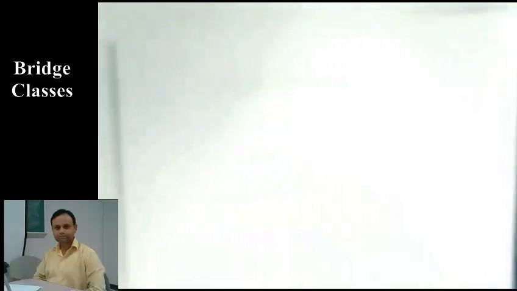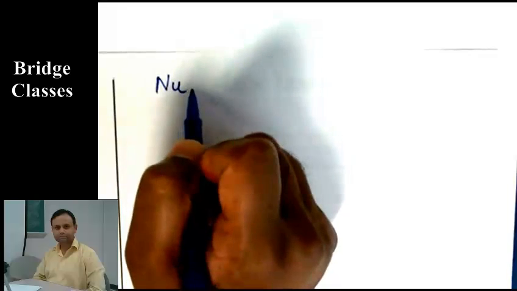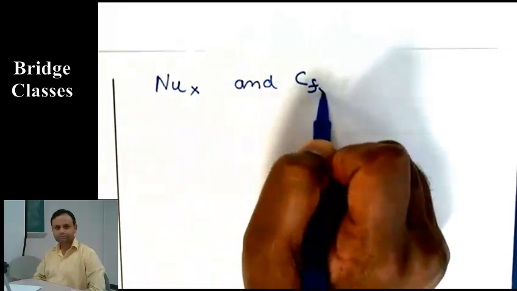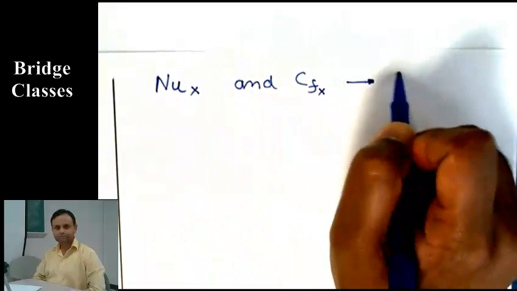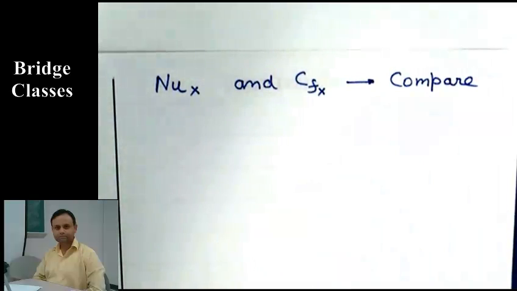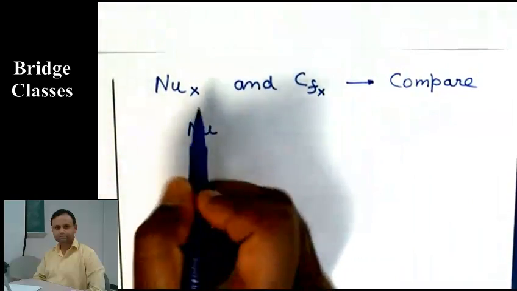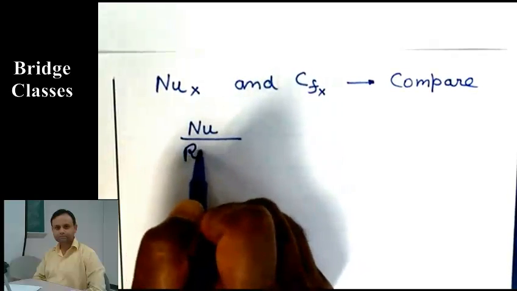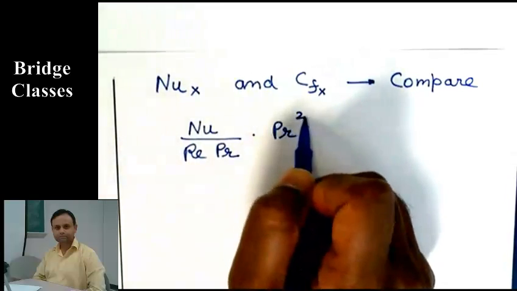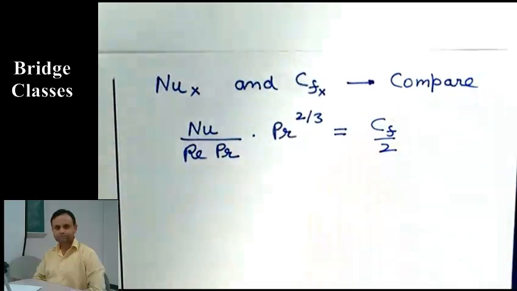Now, if you compare the expressions for the Nusselt number and the CF, just compare these expressions, and you will find that Nusselt number over Reynolds times Prandtl to the 2/3 equals CF by 2.